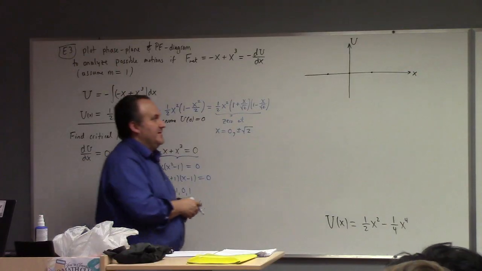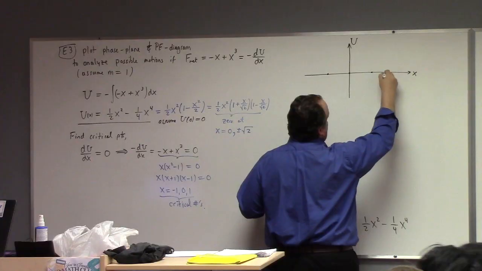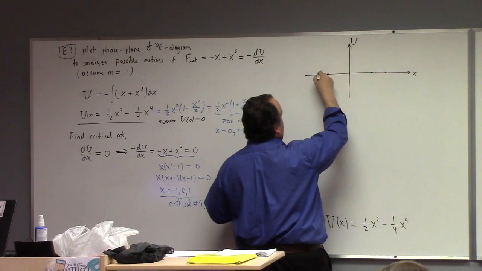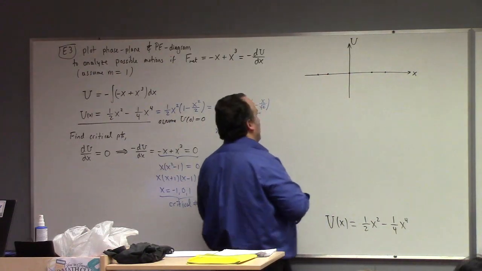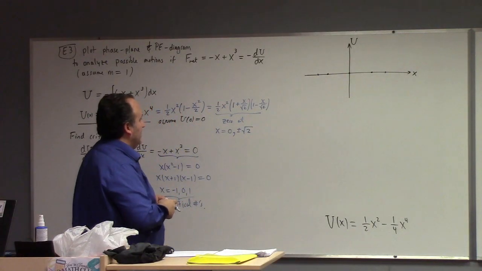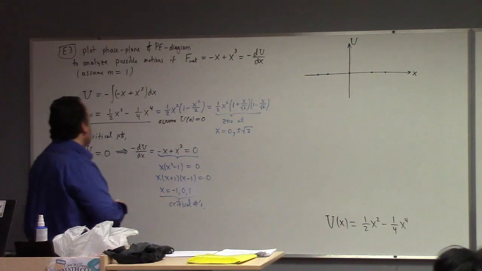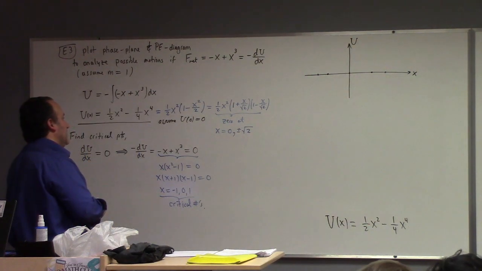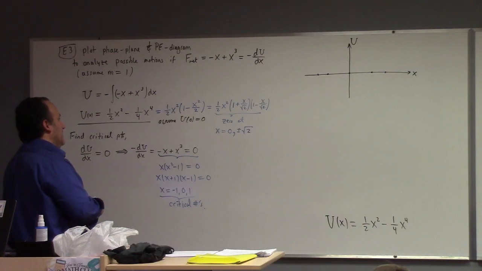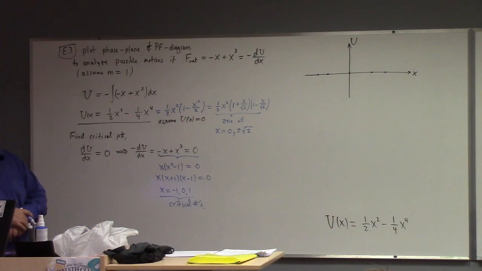So, all right, that's helpful in graphing because out here at plus or minus root 2, we have x-intercepts of the potential energy. So apparently it bounces at the origin and it crosses at plus or minus root 2, and it's a quartic, right? So what's it look like? It's a quartic that opens up or down?